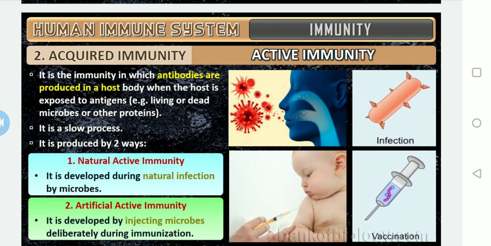But artificial active immunity is developed by injecting microbes deliberately during immunization. That is what we call vaccination. So this is exactly how active immunity works.